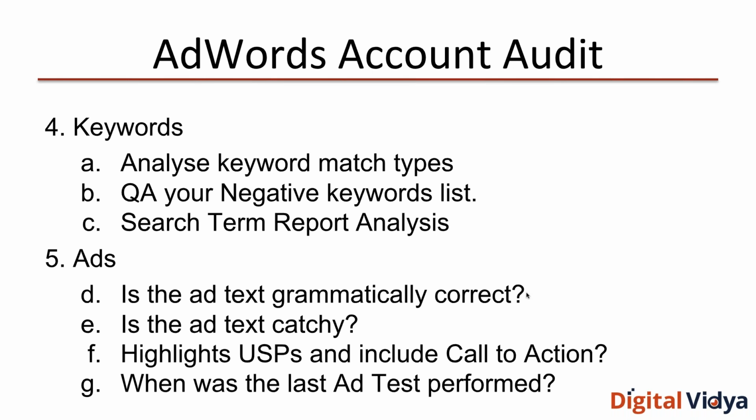So you can look at the search term report and see what kind of terms were triggering the ad. If those terms were not part of the keyword list, you can suggest adding them to the keyword list. If there were terms which were not at all relevant for the ad, which were triggering the ad and costing you, you can suggest them as negative keywords. These are all suggestions we have already gone through in week 2, but we are just putting them together as a checklist for you to look at different levels. Am I clear?